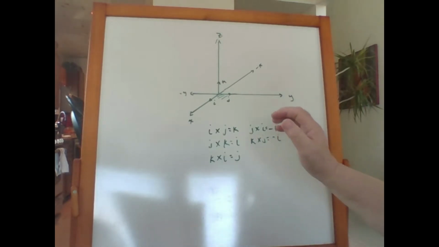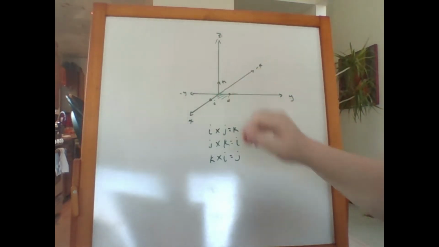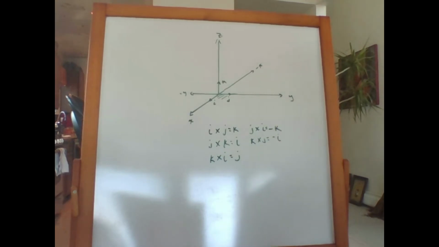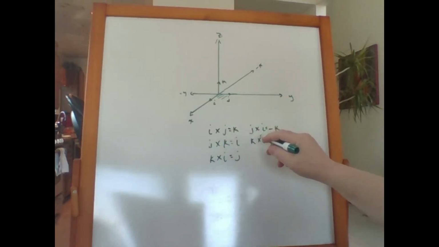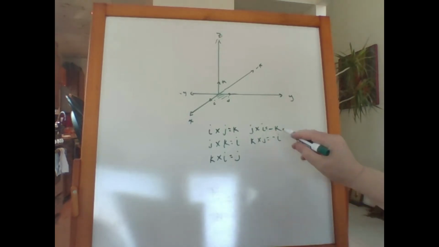But remember, the right-hand rule gives the direction. If you don't get the order correctly, you'll have the wrong answer because the resulting vector would be pointing in the wrong direction, in fact, in the opposite direction.